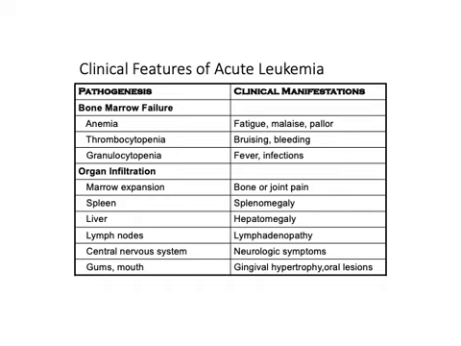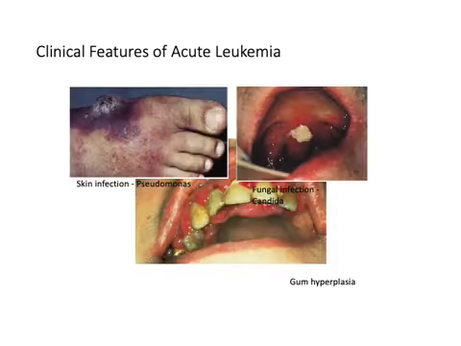In some forms of myeloid leukemia, especially those with monocytic component, there may be infiltration of the gingiva, resulting in gingival hyperplasia and oral lesions. So the illustration will show you some of the clinical features of acute leukemia. You could have skin infection in the form of pseudomonas, bleeding within the buccal cavity, and gingival hyperplasia.